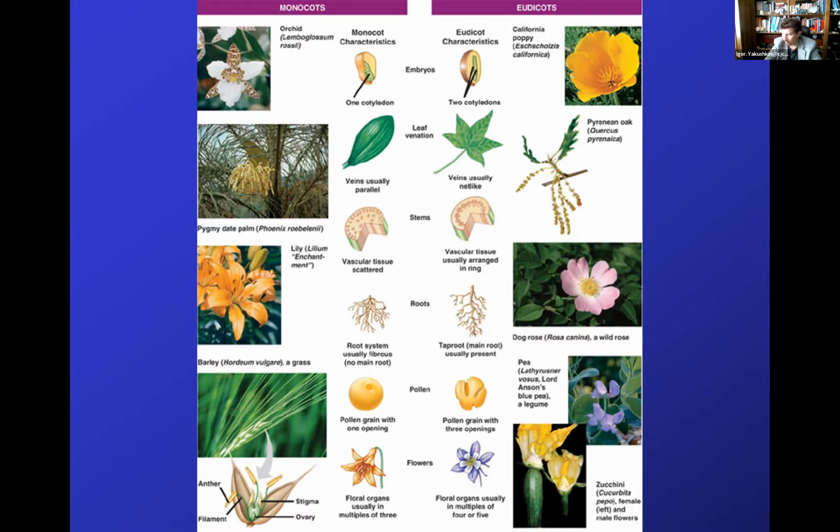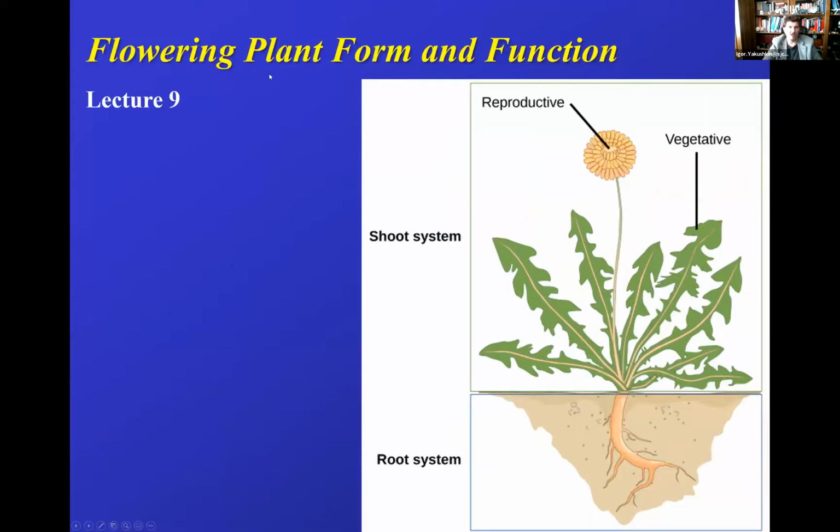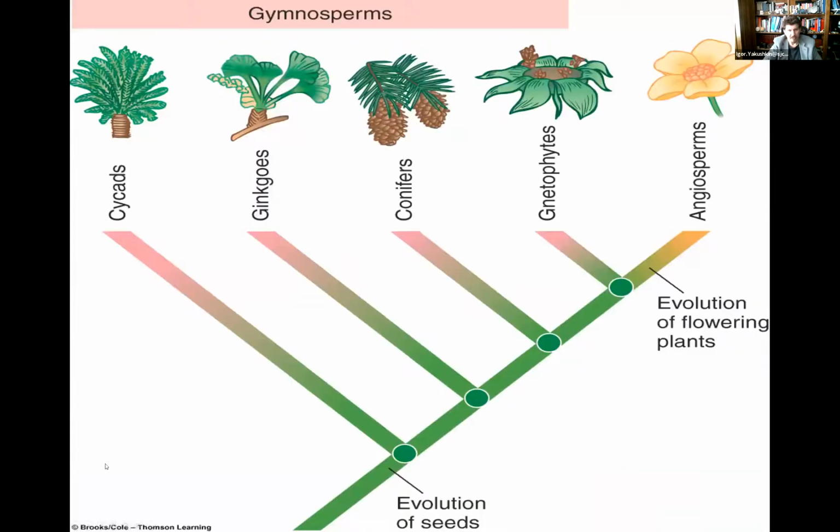Let me pull out the next one, which is this one. Yes, so now we'll talk about the form and function, and so basically organs of the plant. Again, a really quick, really nice cladogram showing you the vascular seed plants.